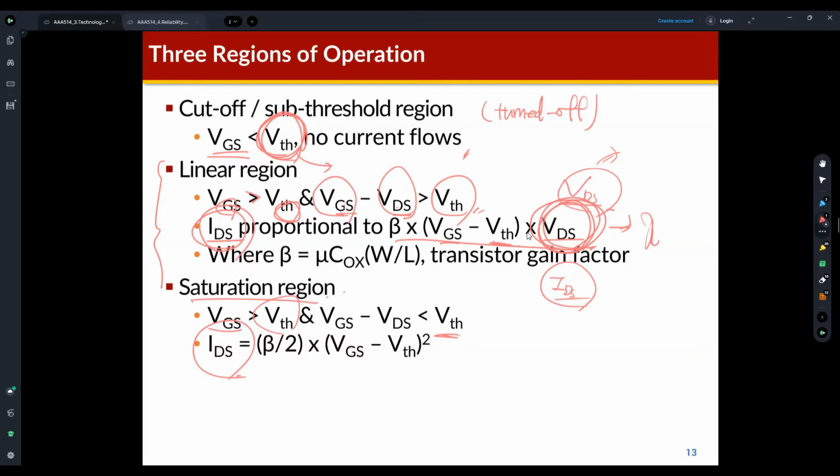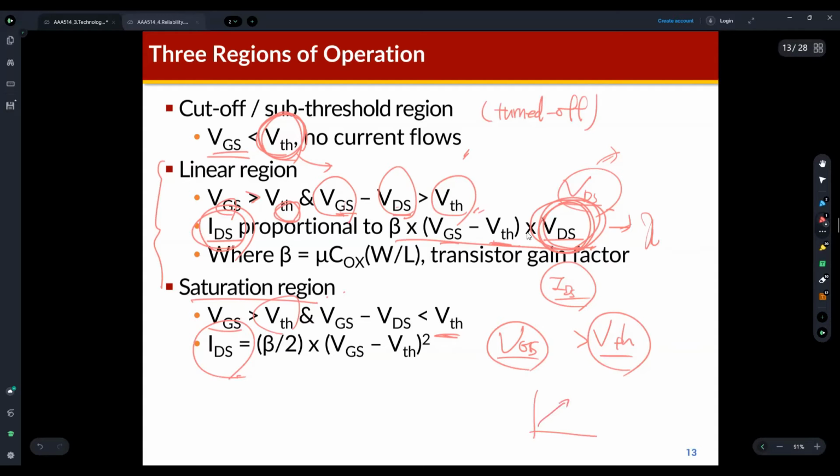If the gate voltage is higher than the threshold voltage, then based on the voltage difference VDS between source and drain, it is first in the linear region and then it's saturated.